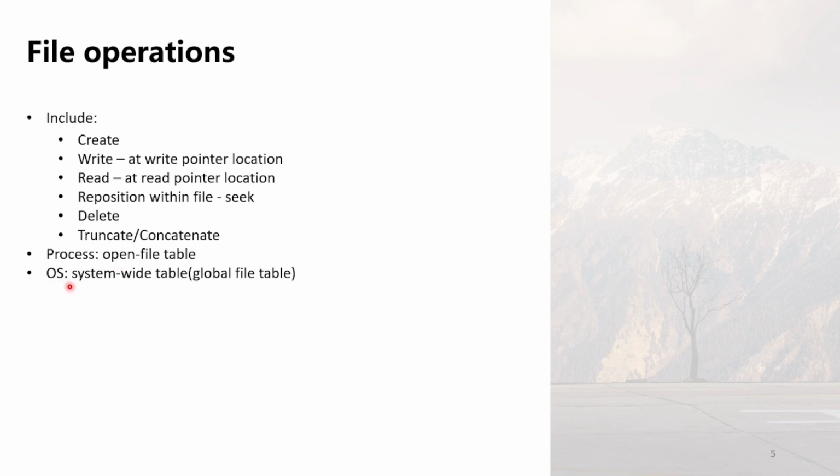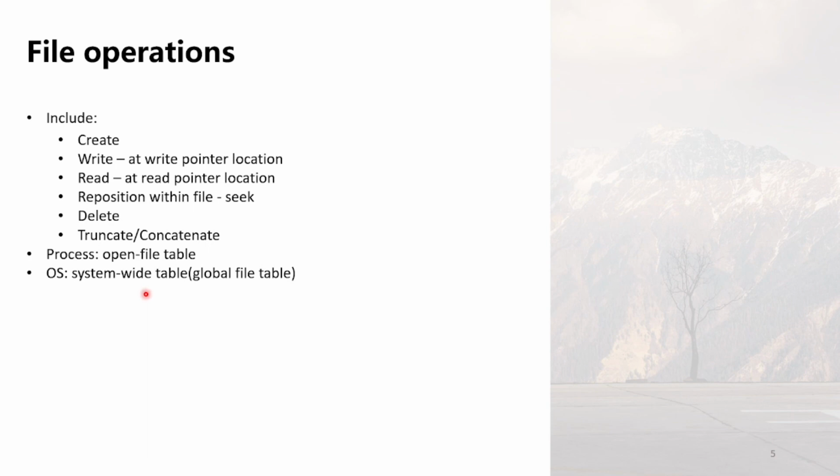On the OS side, there is a system-wide table, sometimes known as the global file table. The OS maintains this table, which contains information about all the files that have been opened across all processes.